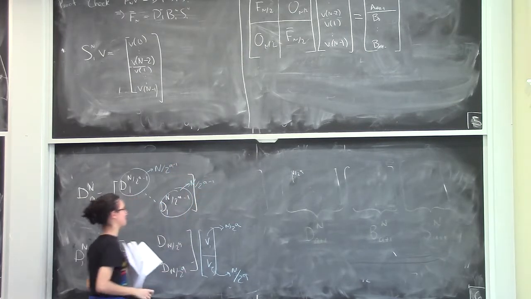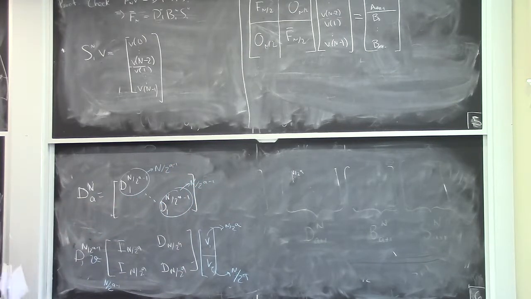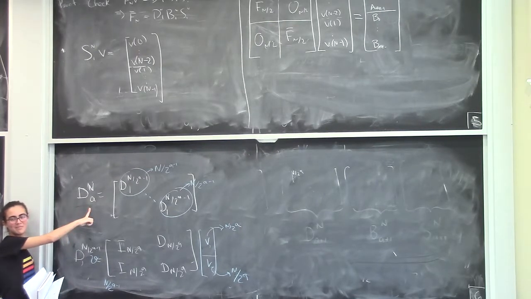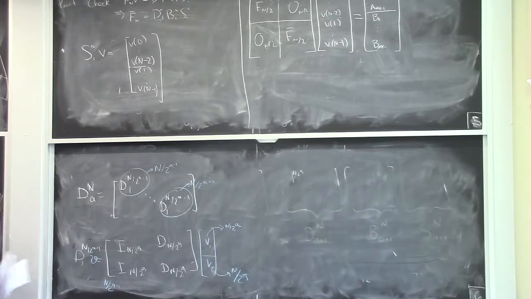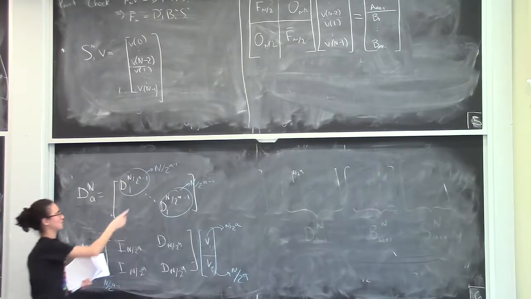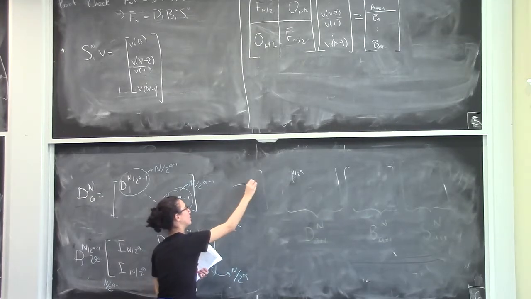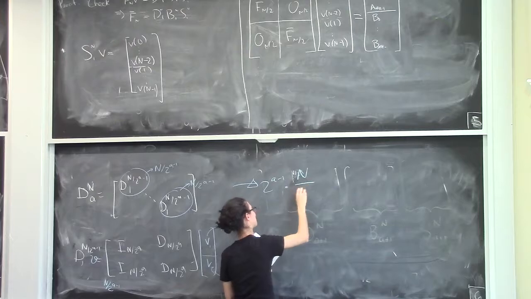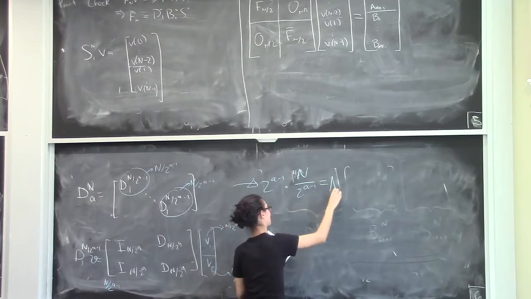So can somebody tell me how many operations, or how many significant multiplications, it takes to multiply times this? So we have 2 to the n minus 1 times n over 2 to the n minus 1, which is just n.